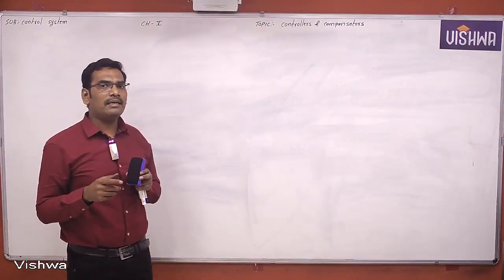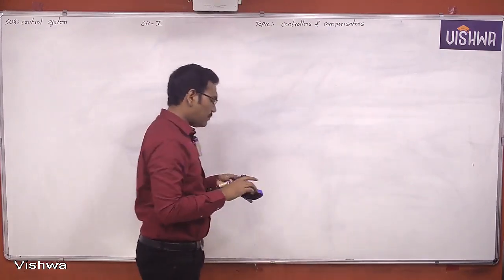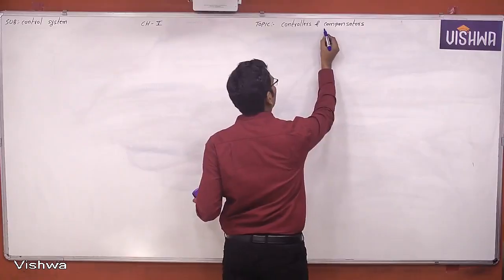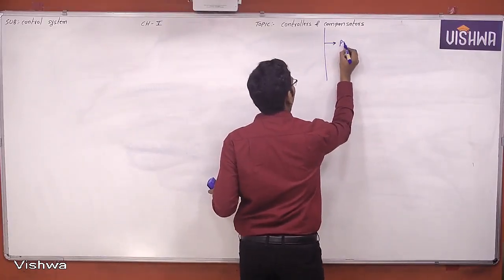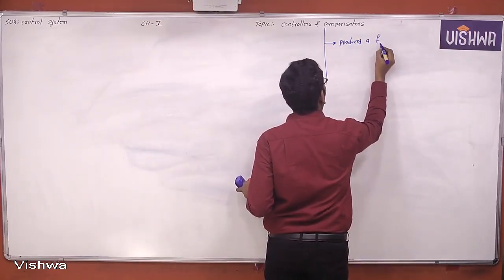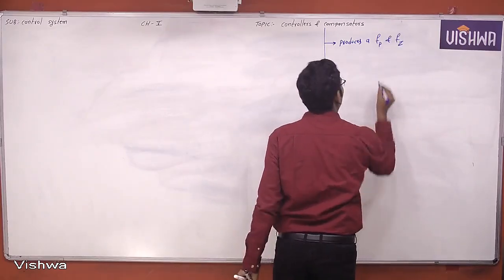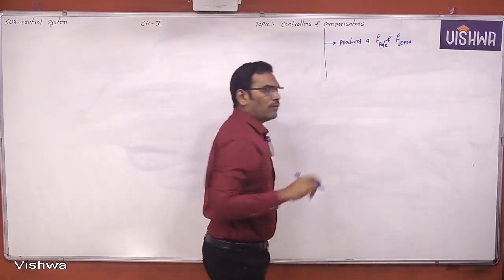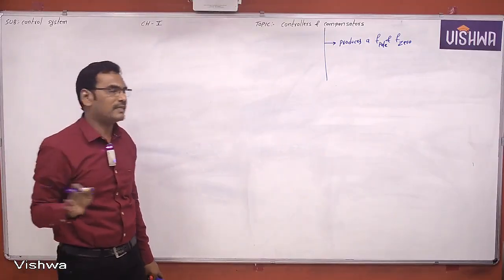Now similarly, this is the compensator. This compensator is a circuit that produces finite poles and finite zeros. Finite, the word finite means the poles and zeros must and should lie on the left hand side of the s plane.